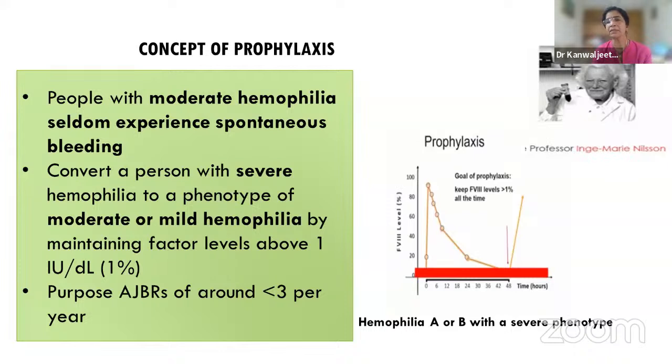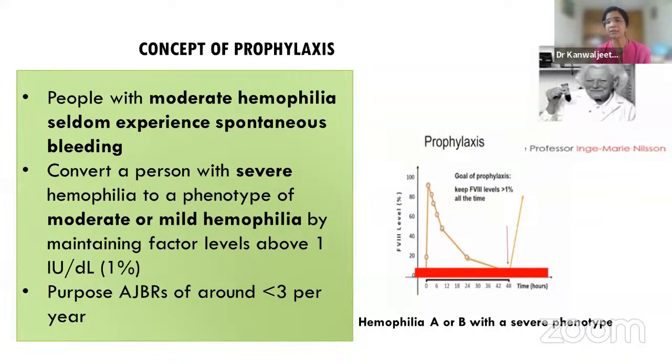In this picture, the red cutoff line is for 1%, the cutoff for severe factor deficiency. After the administration of factor 8 or 9, the levels go into the non-hemophilia stage, then the mild hemophilia stage, and the moderate hemophilia stage. So before they touch 1%, we should administer the second dose again.